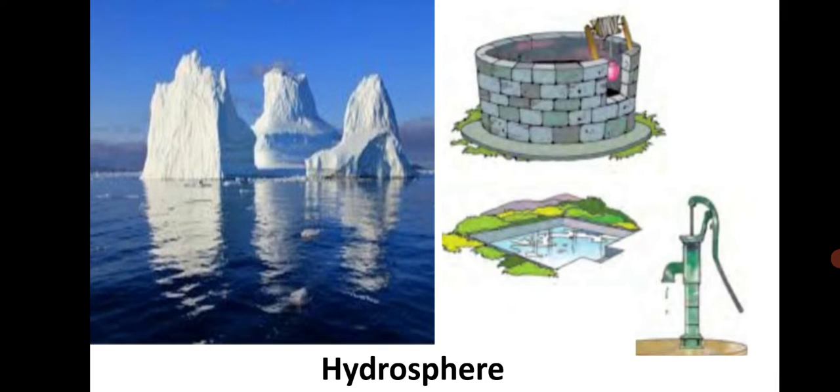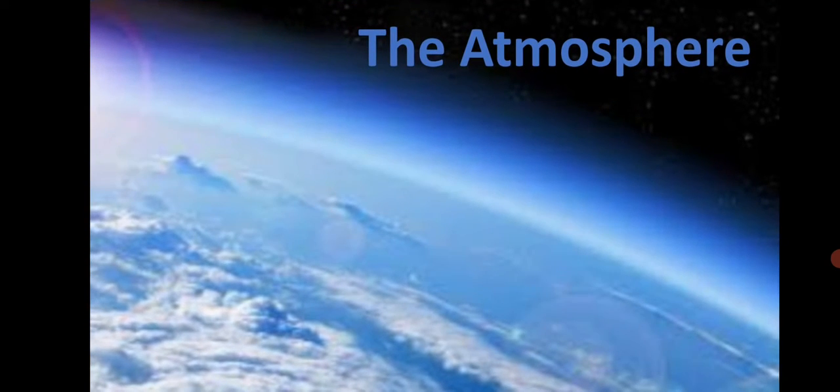Now that you know about the lithosphere and hydrosphere, let's learn about the atmosphere. The envelope of air around the earth is called the atmosphere. As we go higher from the surface of the earth, the air in the atmosphere becomes rarer, meaning the air becomes lesser and lesser.